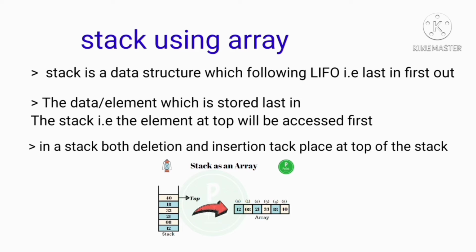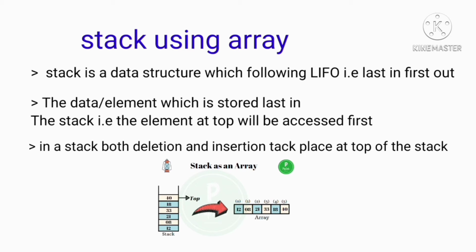In a stack we add elements in the upward direction. In an array we add elements from left to right. In a stack we add upward, down to up direction. So the array starts with index 0.